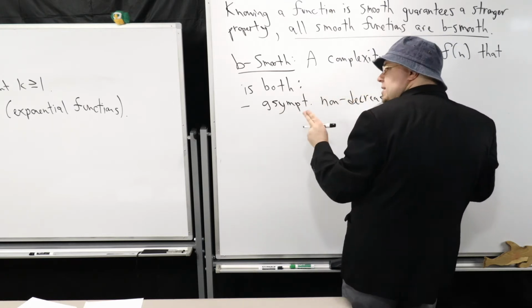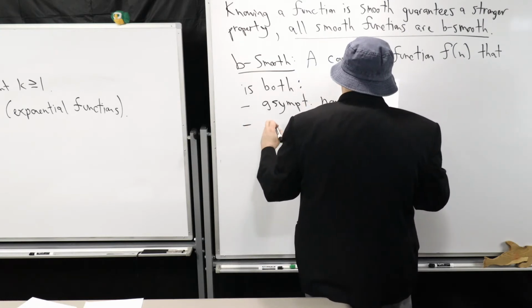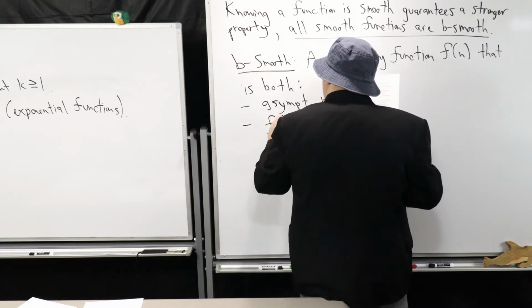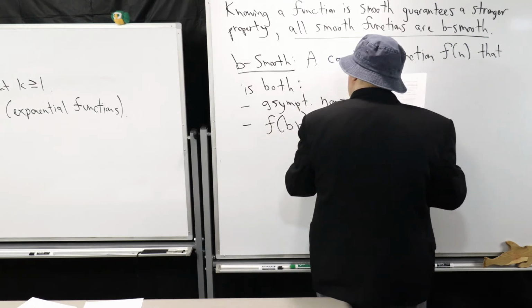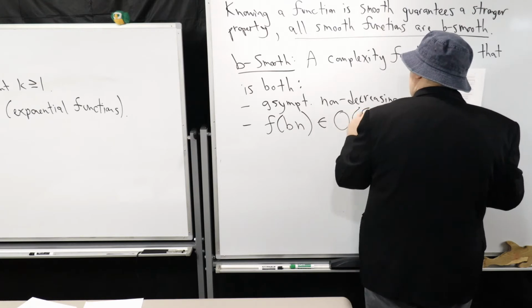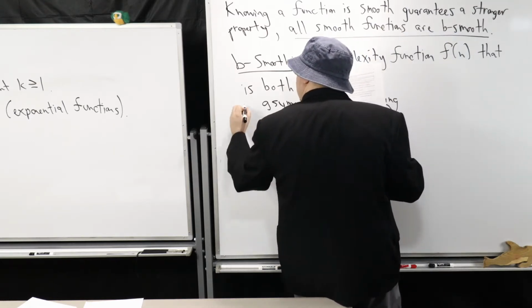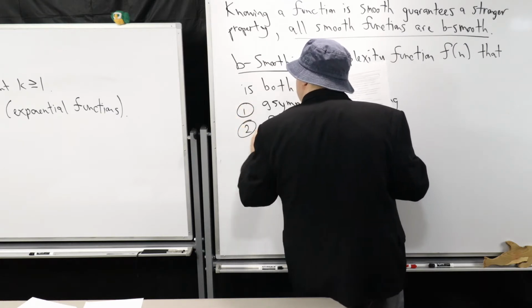So that's no different than the smooth definition. What is going to differ is the second condition here, that f of Bn is big O of f of n. I'm just going to number these just to not confuse anybody thinking that's a negative sign.